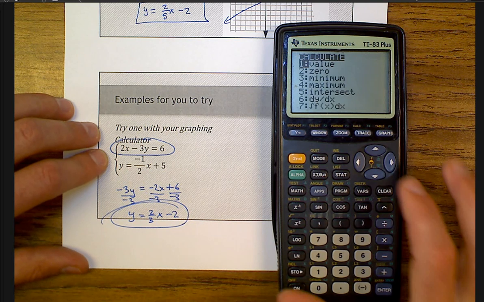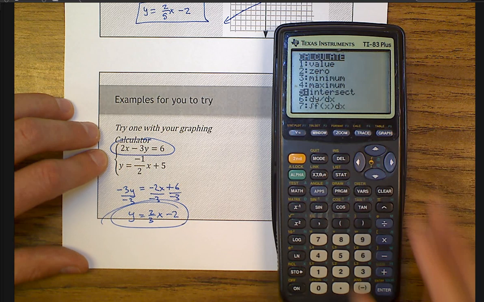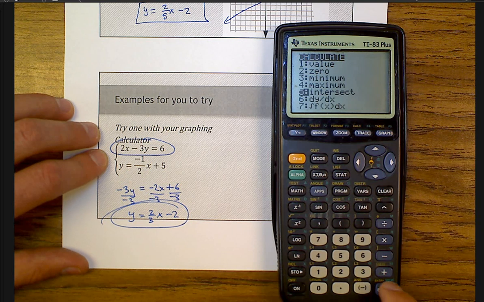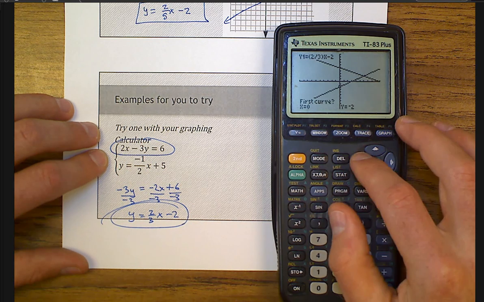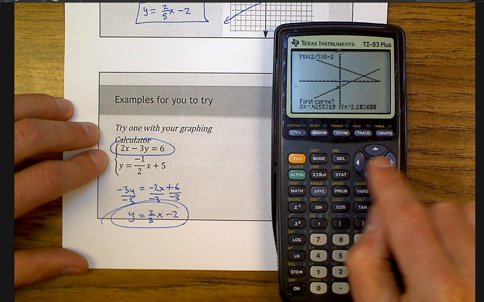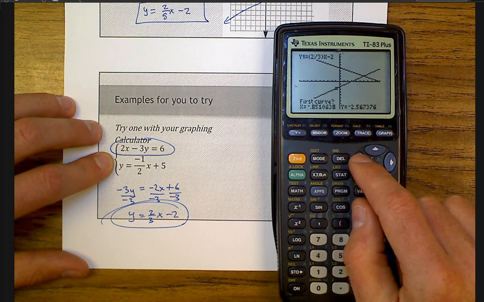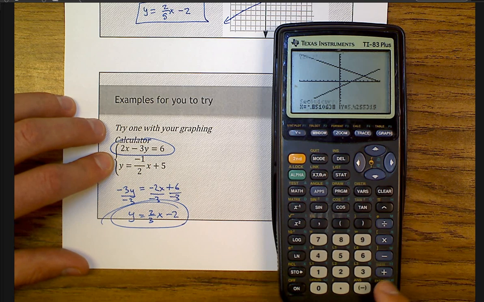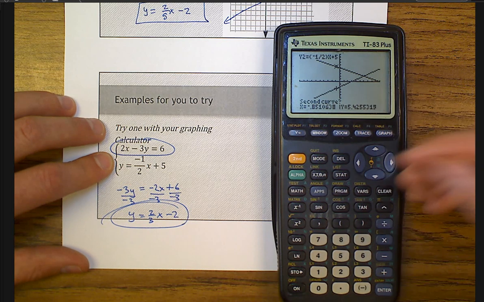And you'll see if you down arrow key down to number 5, we want to do the intersect function. So hit intersect and then hit enter. And it's going to say first curve. Now, if you move your right and left arrows, it's basically asking you, hey, student, is this the first curve you want me to calculate? You'll just hit enter, yes. And then the cursor will jump to the second curve, and it says, is this the second curve you want me to calculate?